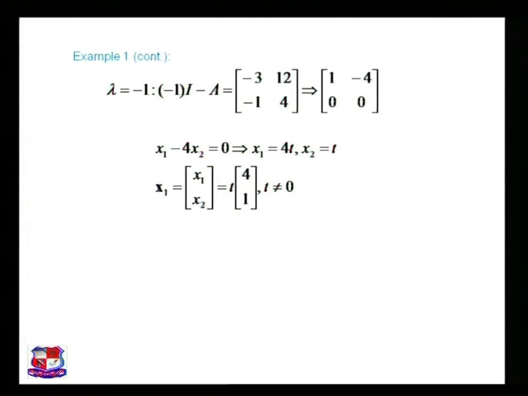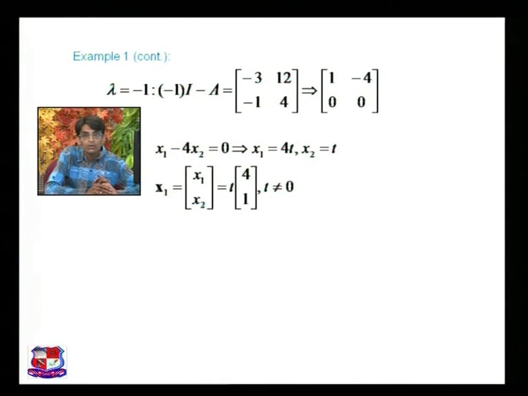So here we have only one equation, x1 minus 4x2 is equal to 0. If we take x2 equal to t, then we get x1 equal to 4t. So the eigenvector x1 x2 is equal to 4t and t. If we take t common, then the eigenvector is 4 1 for the given eigenvalue lambda equal to minus 1.